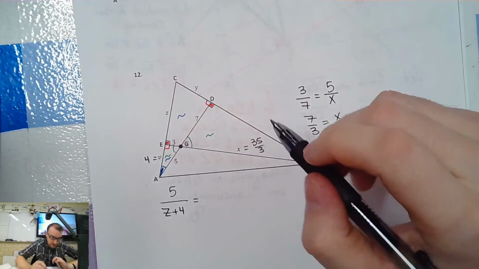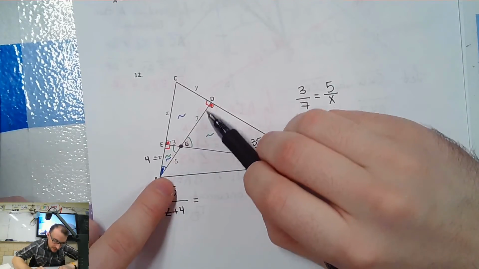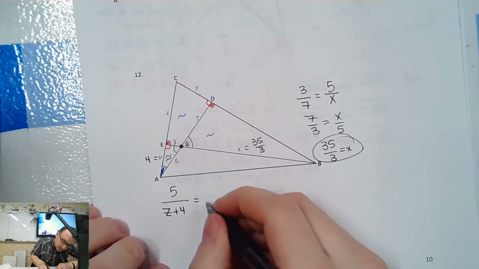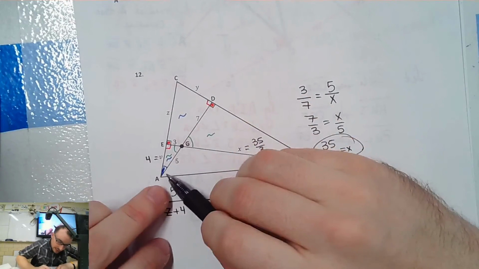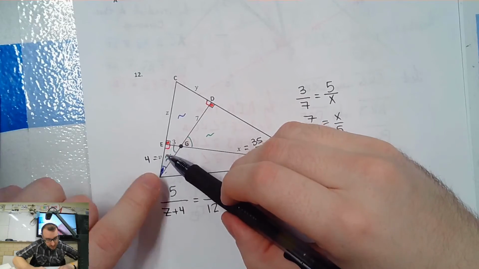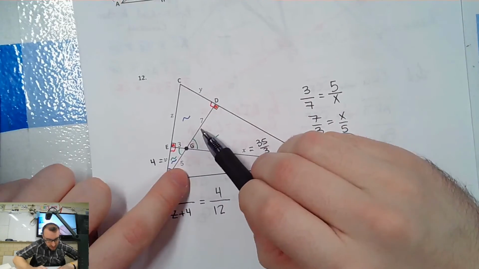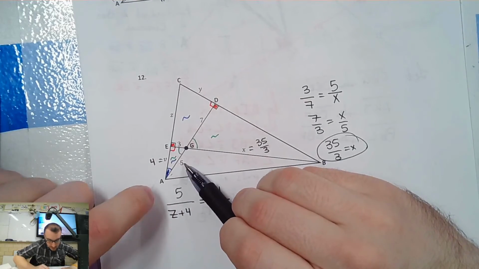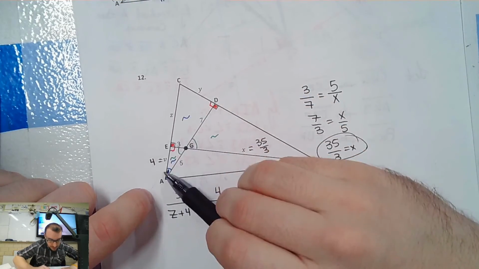And that's going to equal, let's talk about this side, that's red to blue, right? That's a length of 12. So 12 for the big guy, and red to blue on this guy is 4. So red to blue on the little guy is 4, and red to blue on the big guy is 5 plus 12, or 5 plus 7, which is 12. So little guy's hypotenuse goes with big guy's hypotenuse, z plus 4.